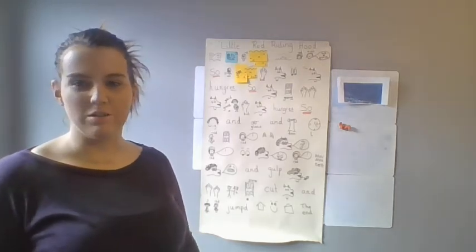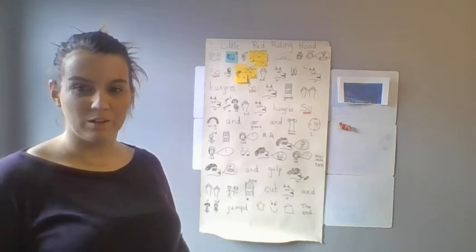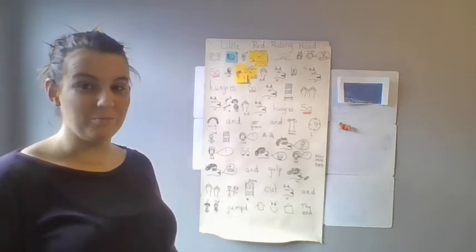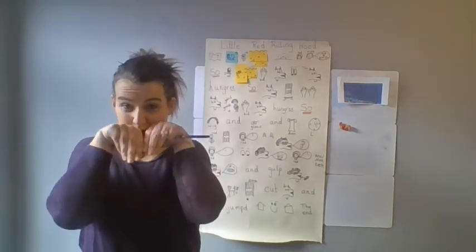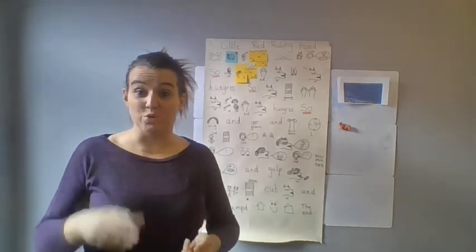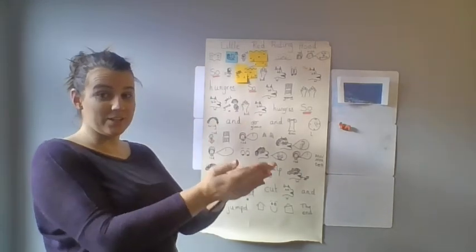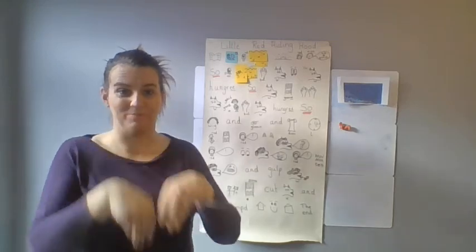What action do you think we can do for Little Red Squirrel? Can you try and think of one at home for me? I'm going to do this, but you can choose your action. Okay, so once upon a time, there was a squirrel called Little Red Squirrel.